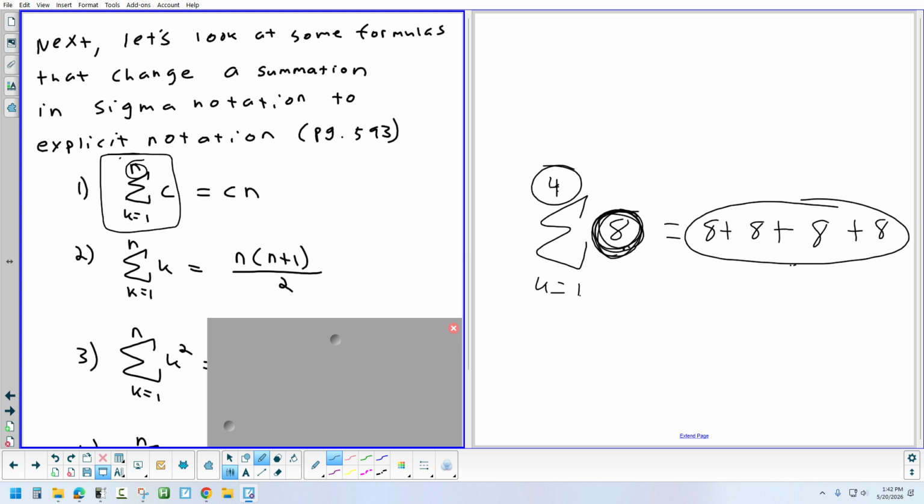Now, the next one is a formula for adding up not the first n integers, but the first n perfect squares. Like 1 squared plus 2 squared plus 3 squared plus 4 squared plus 5 squared, as long as you want to go. Now, when we added up a formula that was linear, the answer was a quadratic.